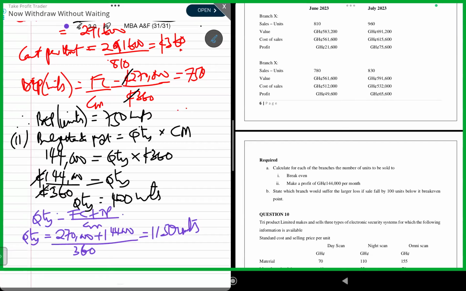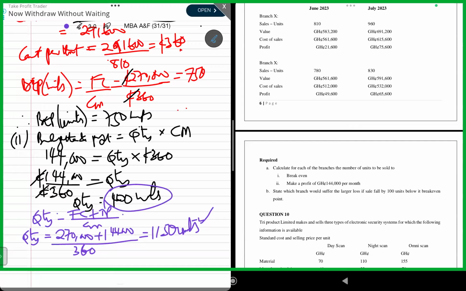Multiply by the contribution margin 360. 1150. Okay, so let's adopt the second one. Are you good? Yeah. I get why this one we didn't have that figure.